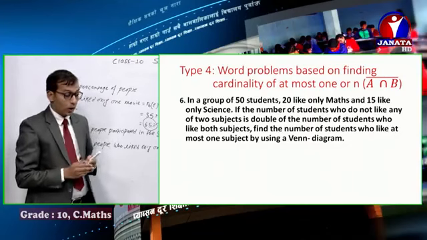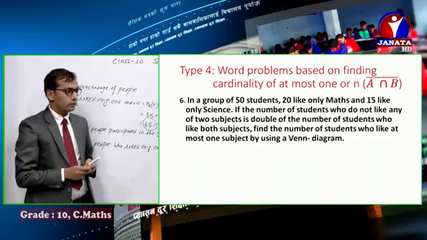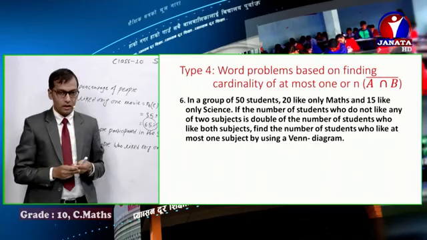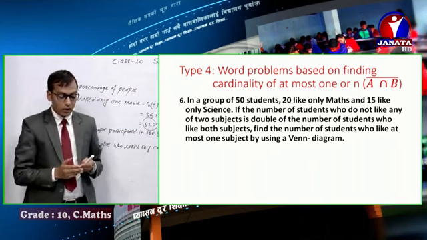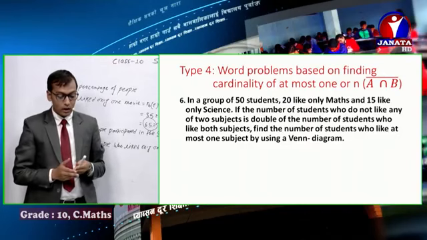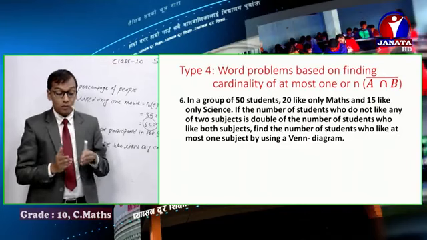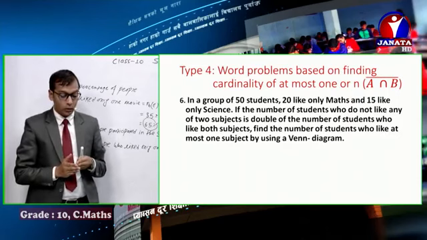In a group of 50 students, 20 like only maths, 15 like only science. If the number of students who do not like any of the two subjects, this is the complement, is twice the number of students who like both subjects.